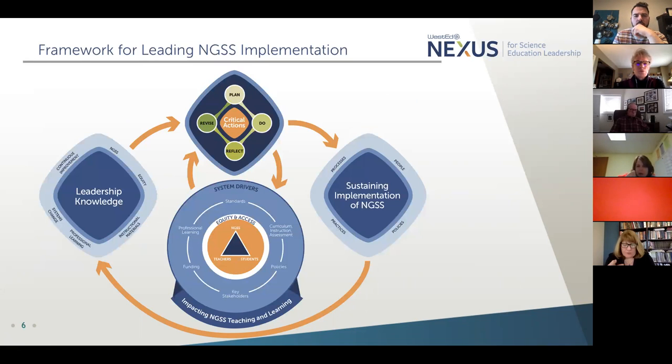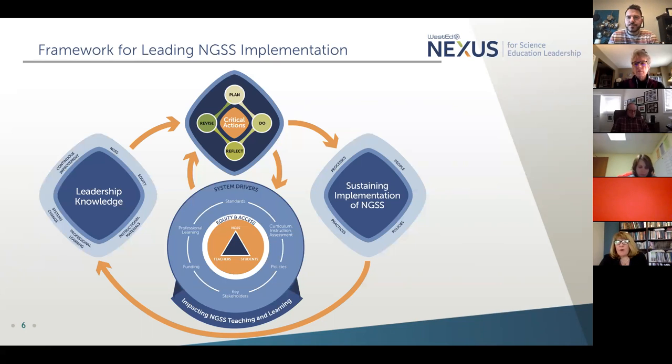But just before I do that, I wanted to share that when we first came to this question of how do we identify what is the most critical knowledge for leaders to have to lead NGSS implementation, we turned to the literature first and did a comprehensive lit review.